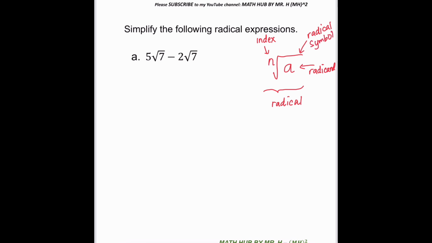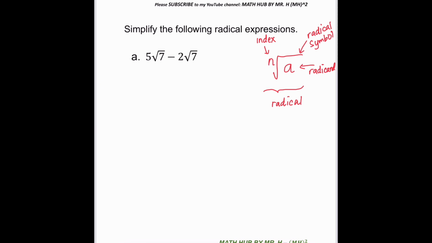Example A. So we need to simplify the given expressions, and from here you can see that the mathematical operation is subtraction. But in order for us to perform the given operation, we need to first take a look at every single term given.